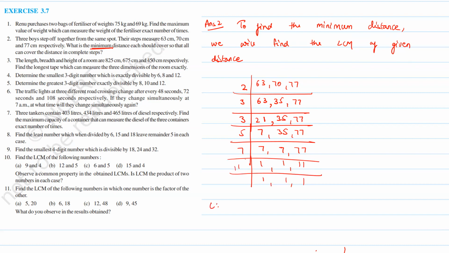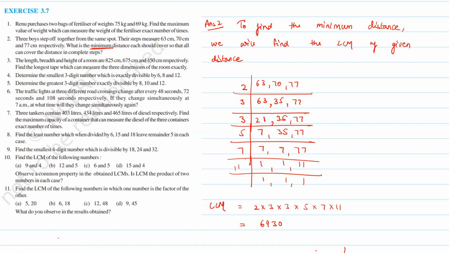So the LCM here is 2 into 3 into 3 into 5 into 7 into 11. This is the minimum distance, which is 6930.